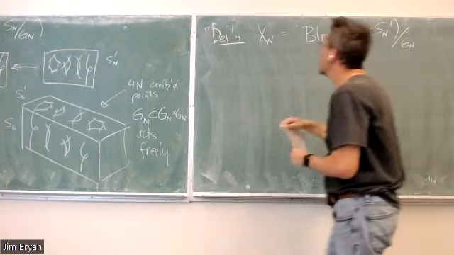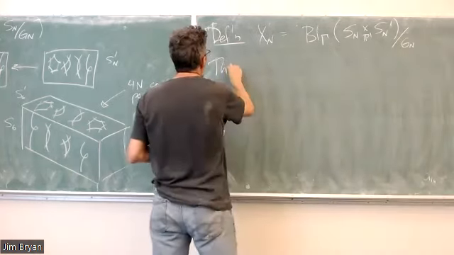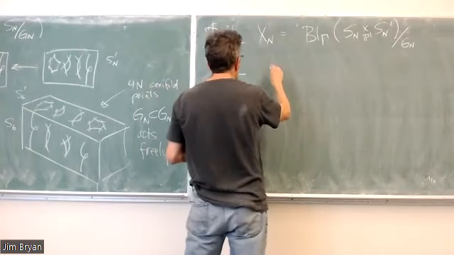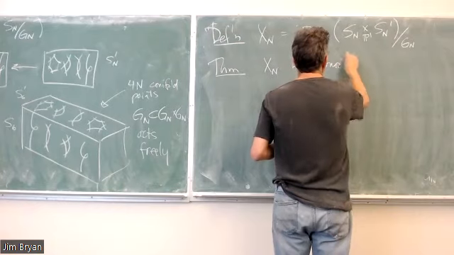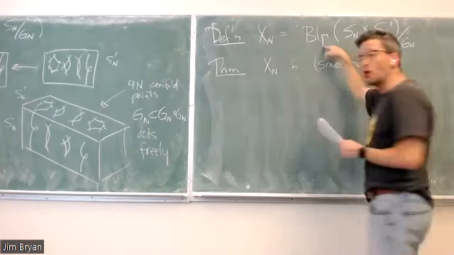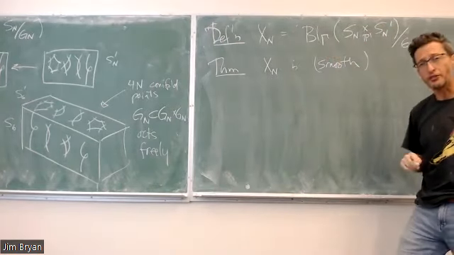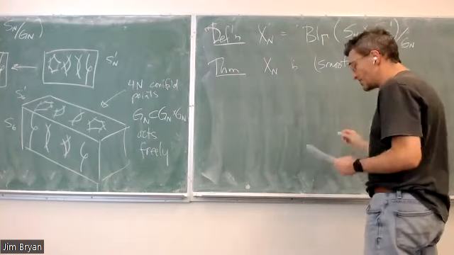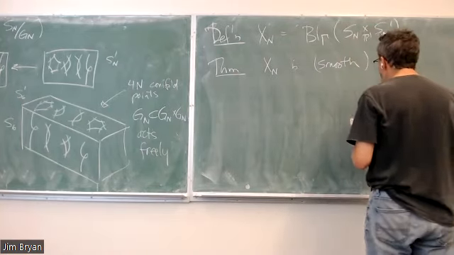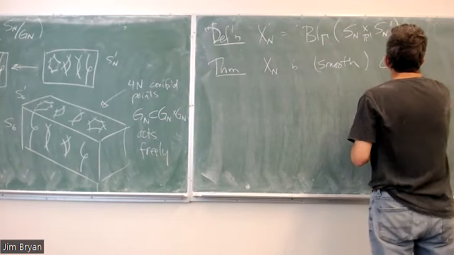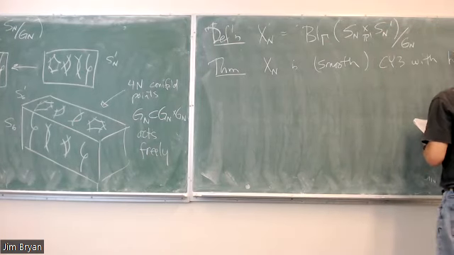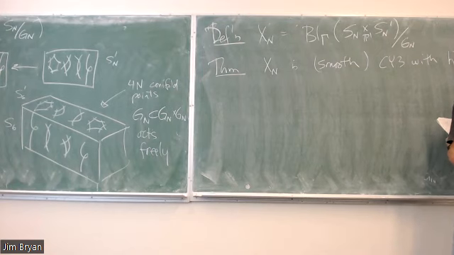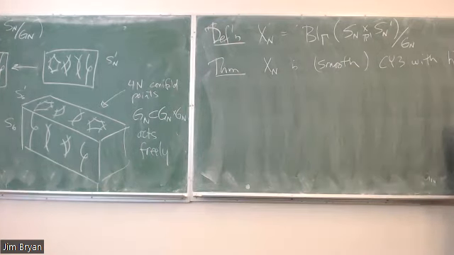And the theorem is that this guy, Xn, well, so a big part of the theorem is that this blow-up procedure actually gives me a conifold resolution. So this is a smooth CY3 with, as promised, H21 is 0 and H11 is 4.